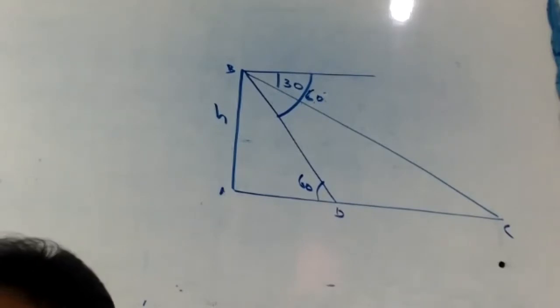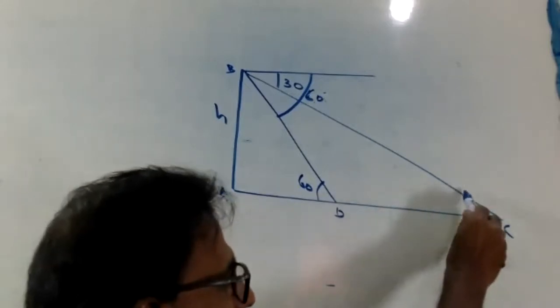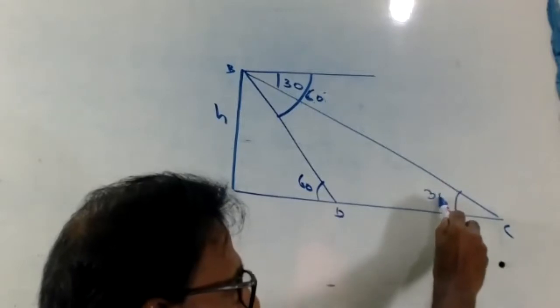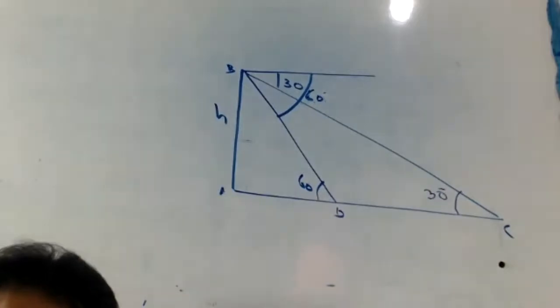Time taken to travel AD. Yes, time taken to travel AD. 30 degrees, okay, your observation is good. Figure okay? Look here, now the plan. You read the question, you got the figure, correct or not?